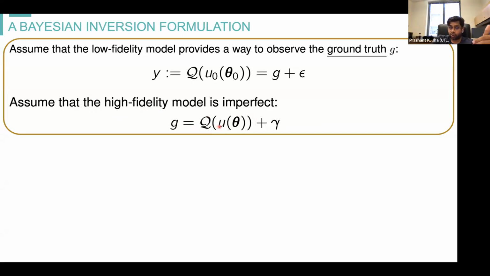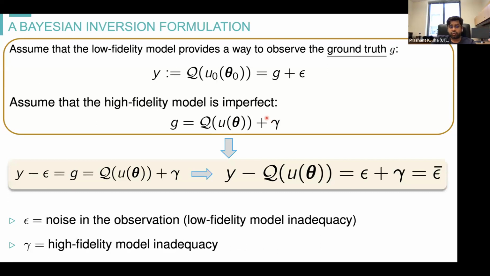So the high fidelity model also can give you an estimate of ground truth, but it comes with a model inadequacy term here. We can combine these two expressions to get this formula. So the measurement of ground truth Y minus the quantity of interest on a high fidelity solution U is equal to noise plus model inadequacy. We sum them and assume that the total noise is epsilon bar, right?